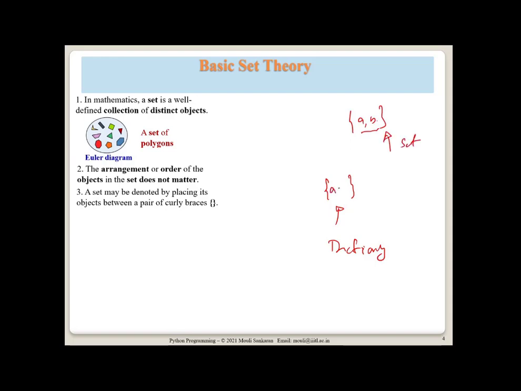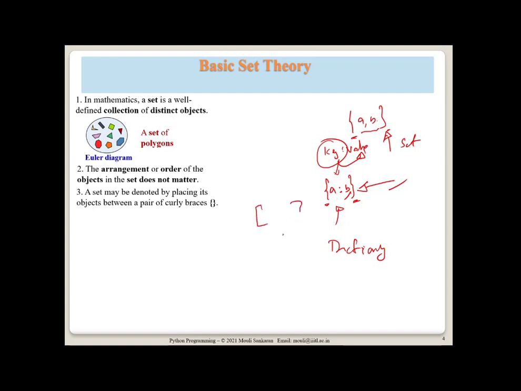But if you have key value pairs, then it is a dictionary. That means you have a key which refers to a value. So we use curly brackets for both sets as well as dictionaries, which we will cover later, maybe in the next class.